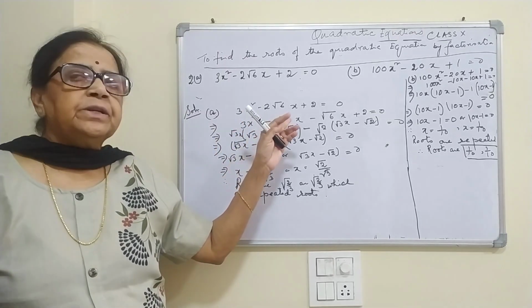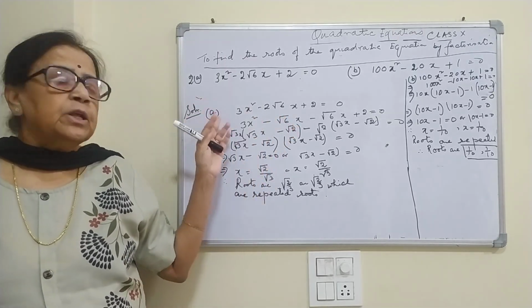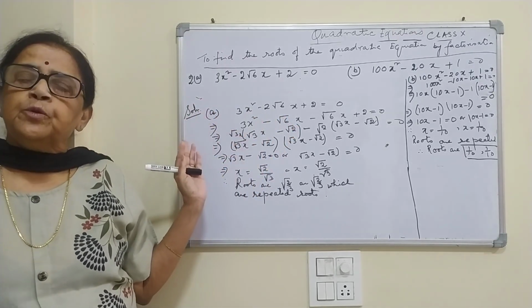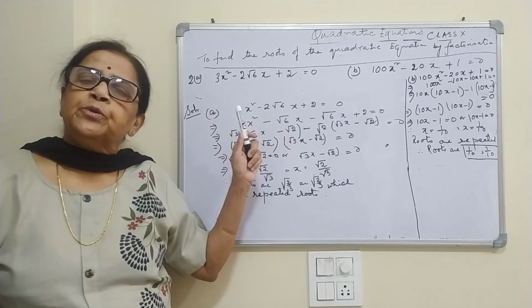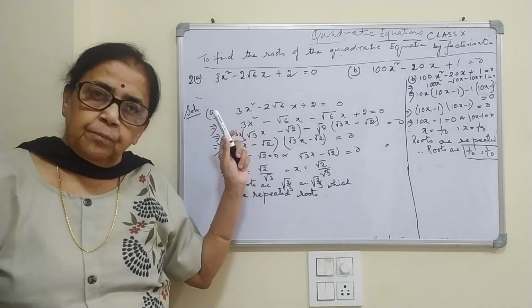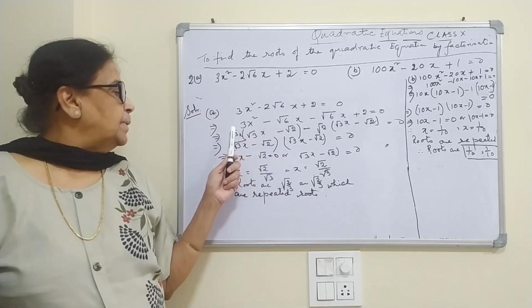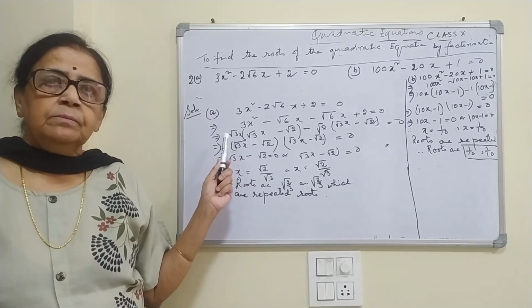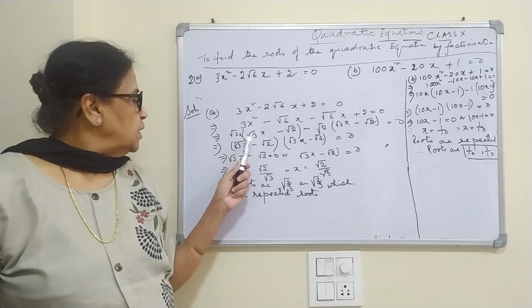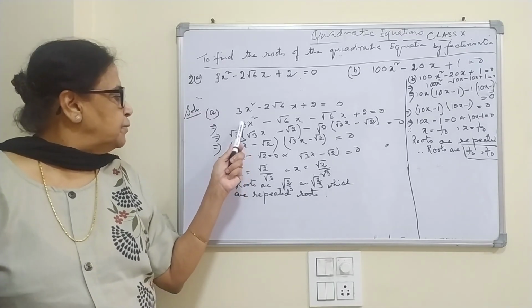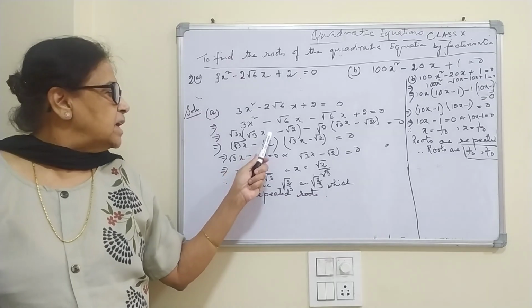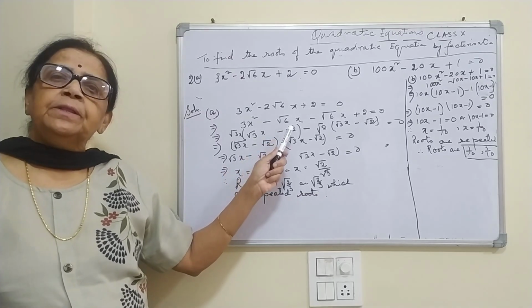From these two, what can I take common? 3 means root 3 into root 3, root 6 means root 3 into root 2. So I can take root 3x common. Then I get root 3x minus root 2 will be there.